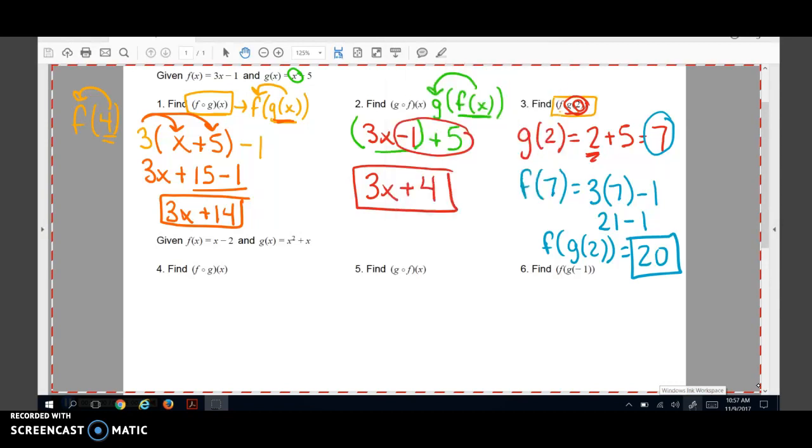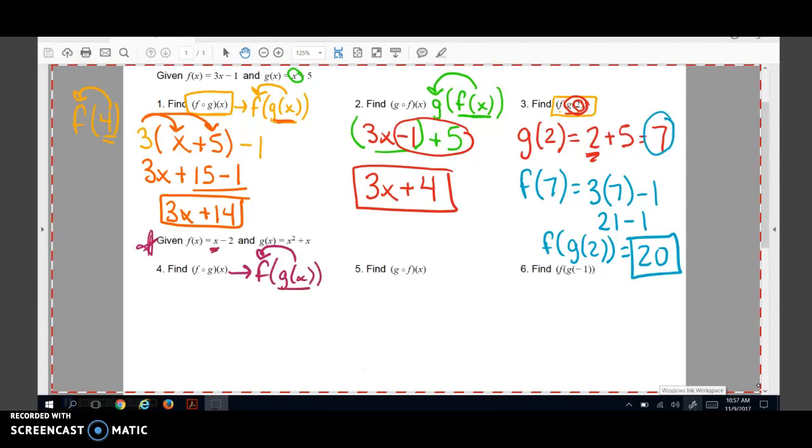Okay, that got us through our first 3 examples. Now you can see we're going to change our equations. Now I have f of x equals x minus 2 and g of x equals x squared plus x. We're still going to do the exact same thing. Here I have f of g of x. I'm going to take g and substitute it in anywhere I have a variable in my f of x function.